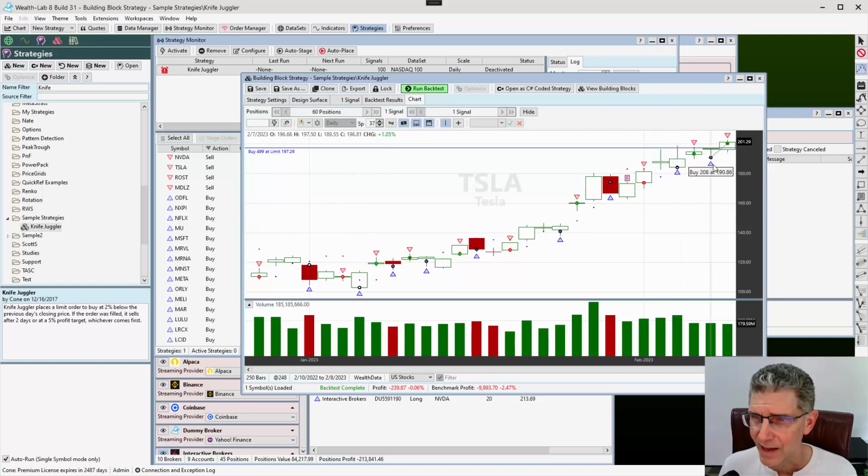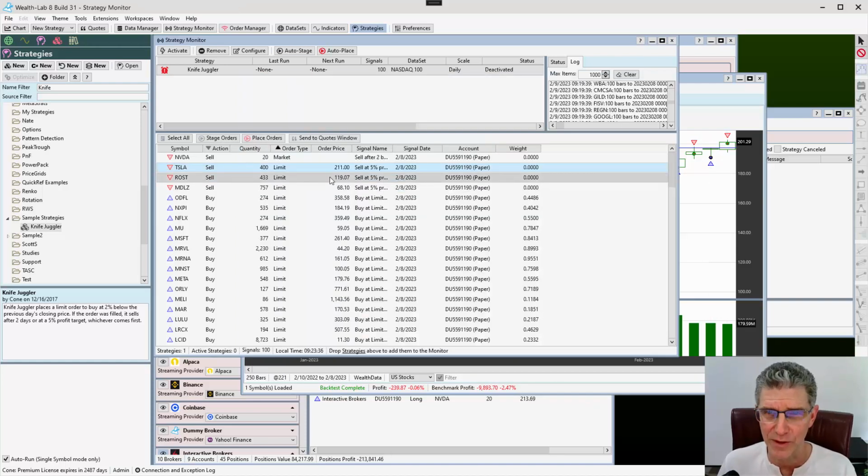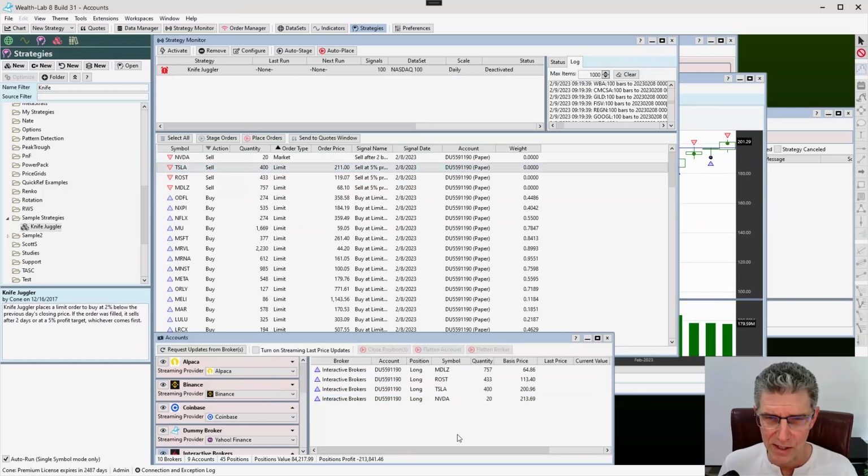Okay, so you can actually see that the strategy sold Tesla at a profit target yesterday. So really the strategy should be buying Tesla today. Well, I don't want to say should be. It's doing what it's programmed to do, but because we have a position for Tesla, we're creating another position for Tesla, and we're selling it with the strategy now. So this is what use live positions does.